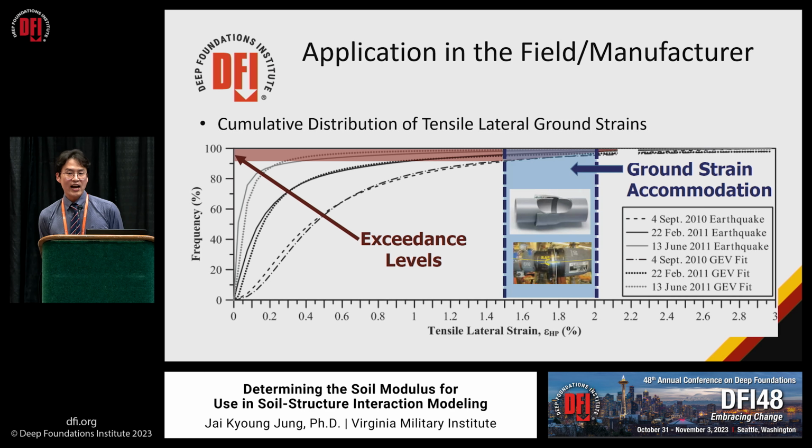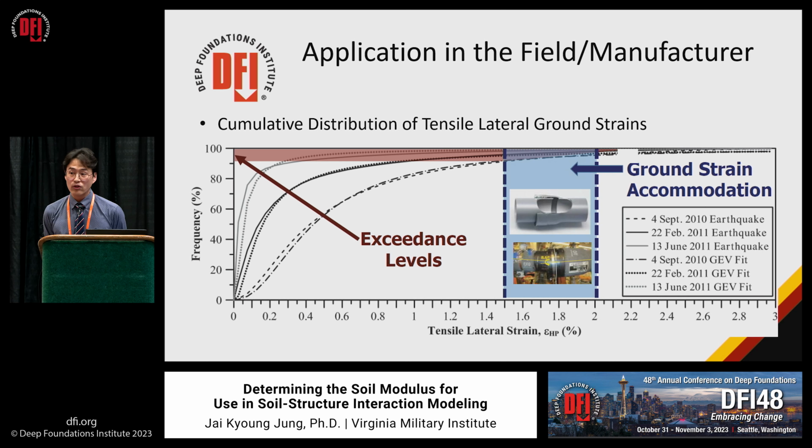This graph is showing you a cumulative distribution of the lateral tensile strain versus the frequency. What this graph is telling you is, for example, if you're looking for an exceedance level of 90%, you can sustain up to 1.5% lateral strain. Let me rephrase this, since this is a MSSP.